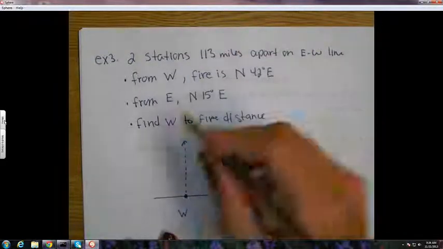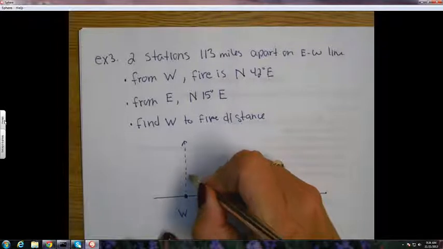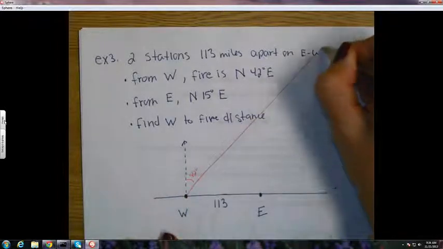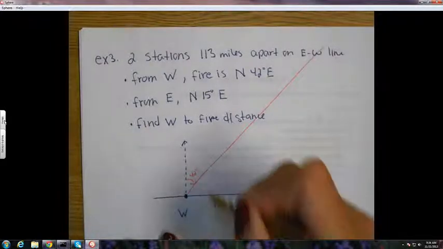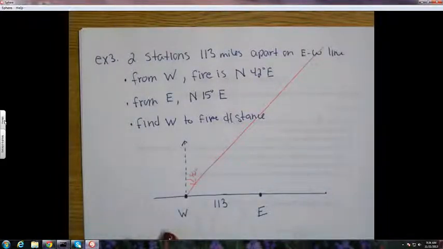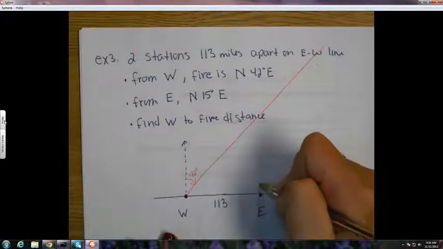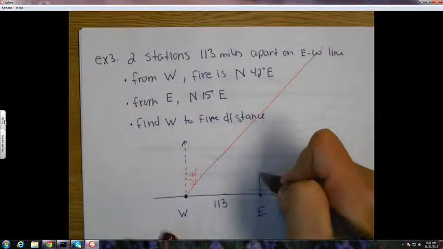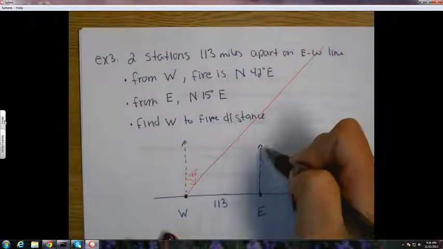So I'm going to rotate over 42 degrees to see this fire. Okay? From the eastern station, it gives me a bearing, so I want a north line. Keep the same color here. You can make this work if you have to.